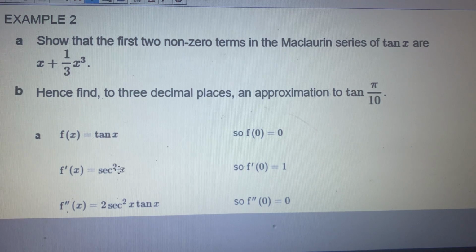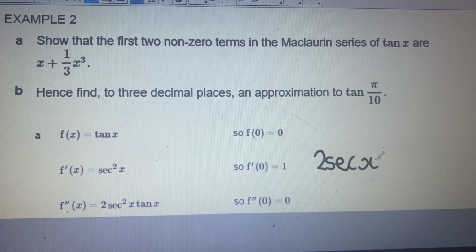So this is the chain rule: you differentiate the squared, so you get 2 sec x, and then you multiply by the derivative of sec, which is sec x tan x.